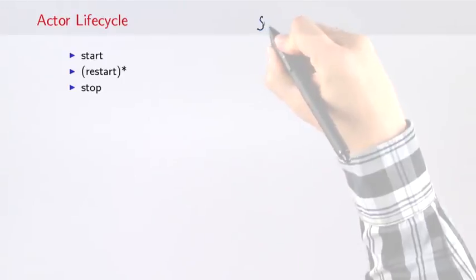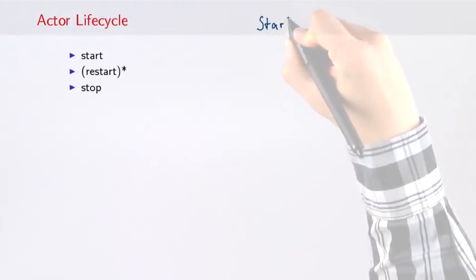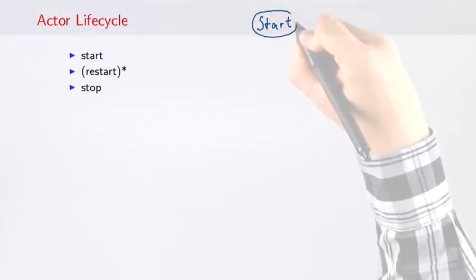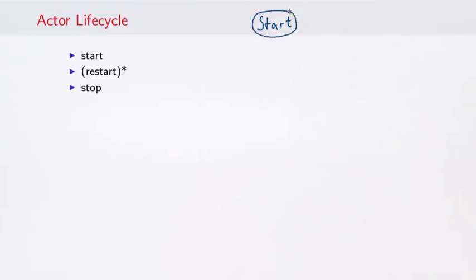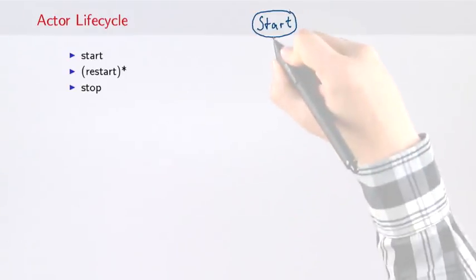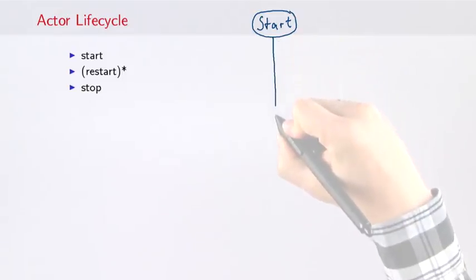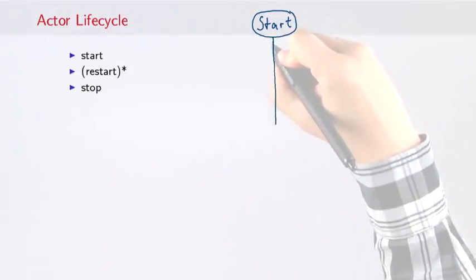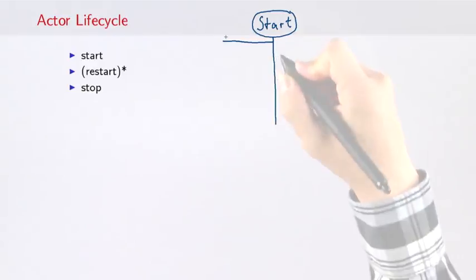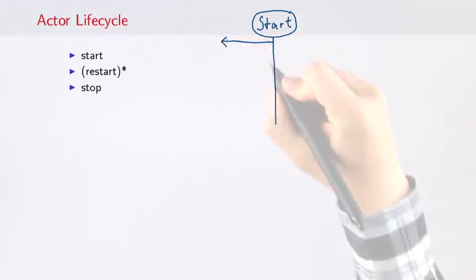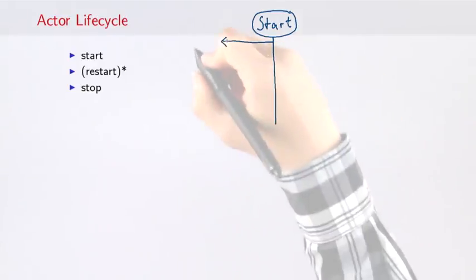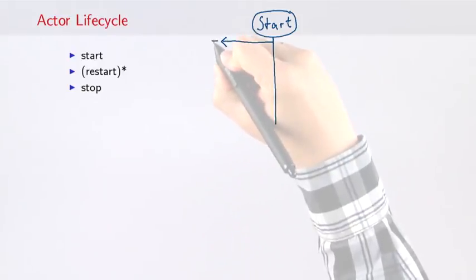At first, it will be started. This happens when the parent calls context.actorOf and gives it the props. When the call returns, this start action will be scheduled to run asynchronously. The first thing which happens is that the actor context, the actual machinery, creates a new actor instance.